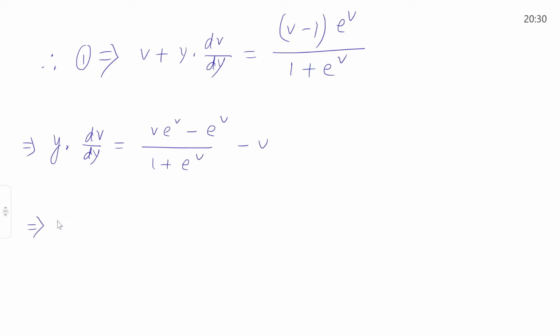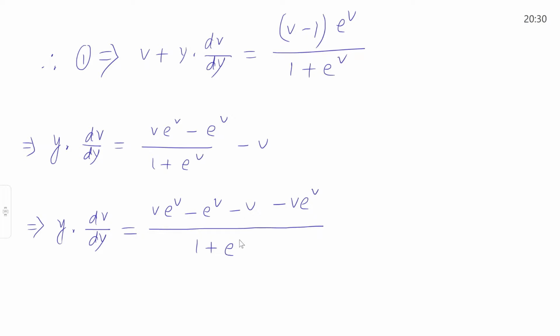This implies y into dv by dy is equal to e to the power v minus e to the power v minus v minus v e to the power v, whole terms divided by 1 plus e to the power v.